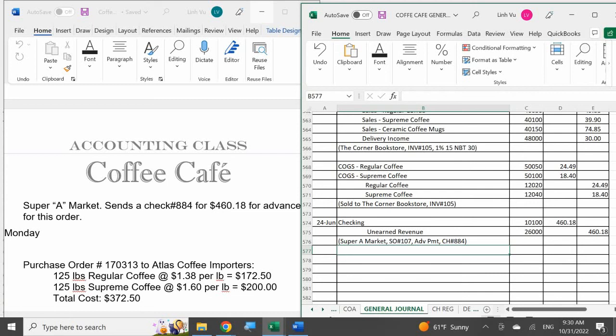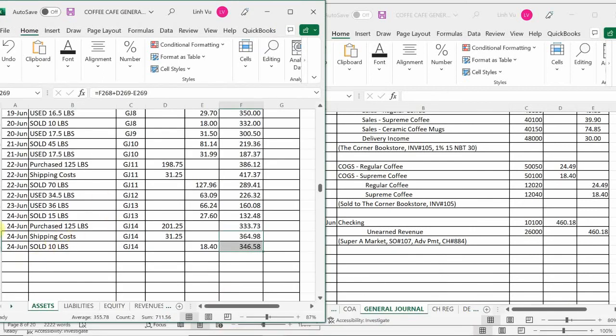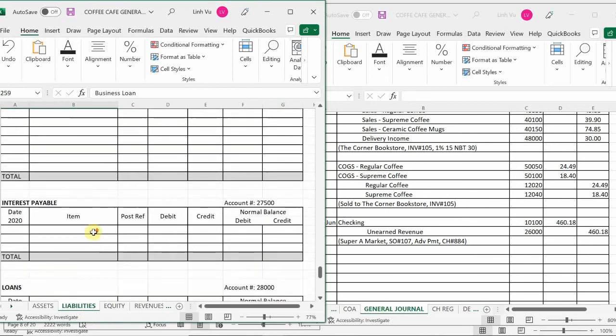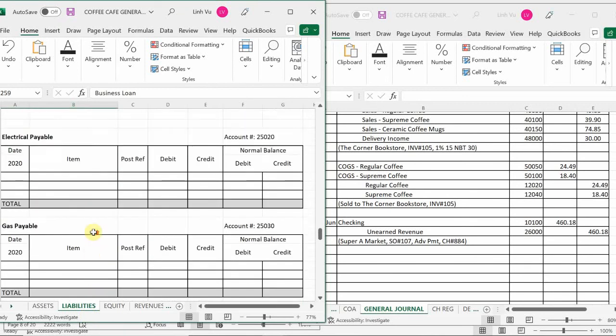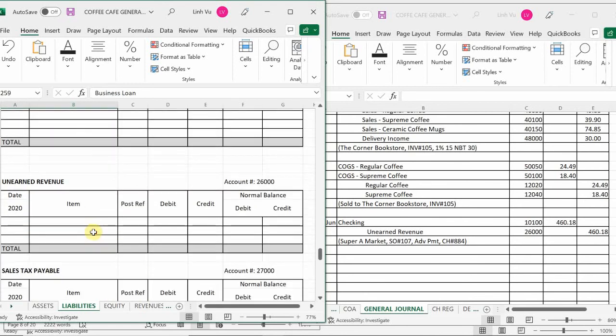So, where are you telling me to go? Are you telling me to go to the subsidiary ledger? You need to be very specific. It would be in your ledger, okay. So we're going to go to my ledger. We're going to go to liability, for the unearned revenue. Okay, right there.